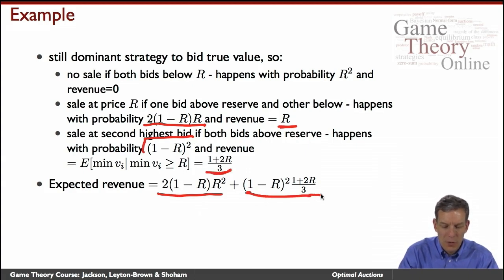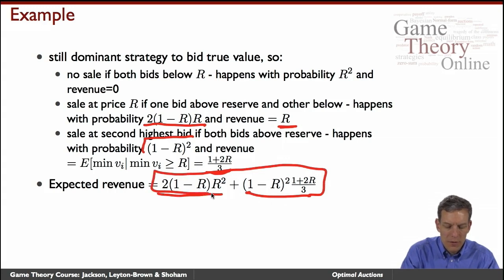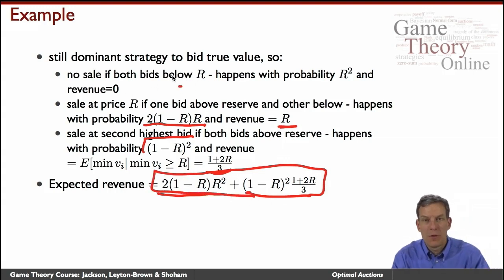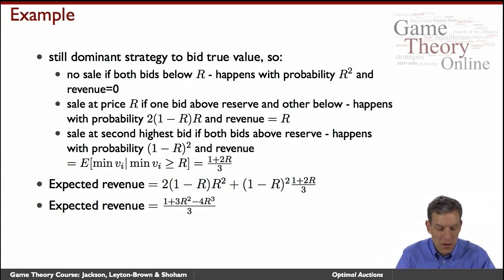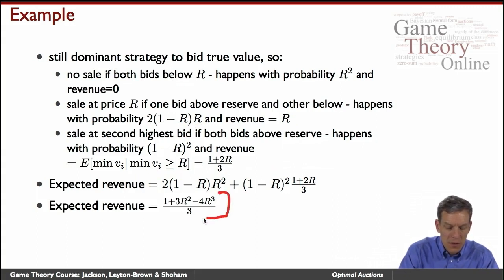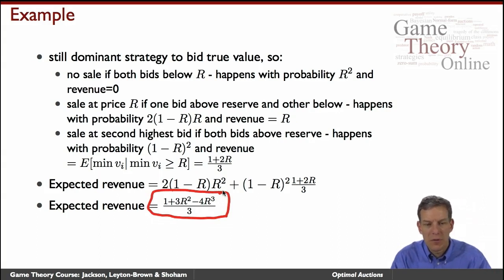So we end up with an overall expected revenue of this expression, because if they're both below, we don't get anything. That's the expected revenue. If we collect terms in terms of R's, you can simplify this. So the expected revenue here is given by this expression, (1 plus 3R squared minus 4R cubed) over 3. So now we have an expression for revenue. Just maximize that with respect to R.